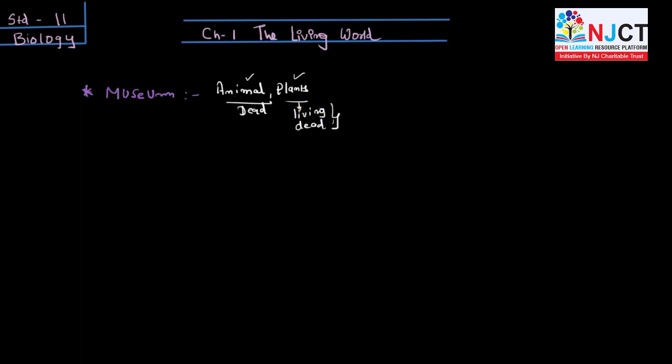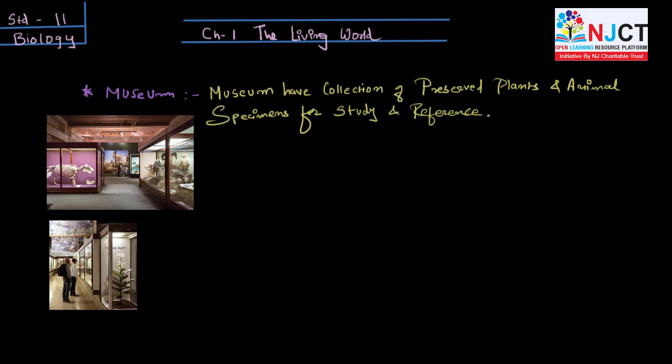So if someone asks me for the actual scientific definition, which is going to let you gain marks, what should you write? It would be: a museum is a place that has a collection of preserved plant and animal specimens for study and reference.